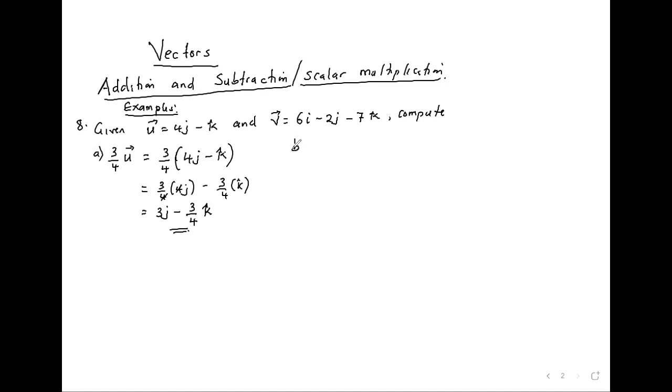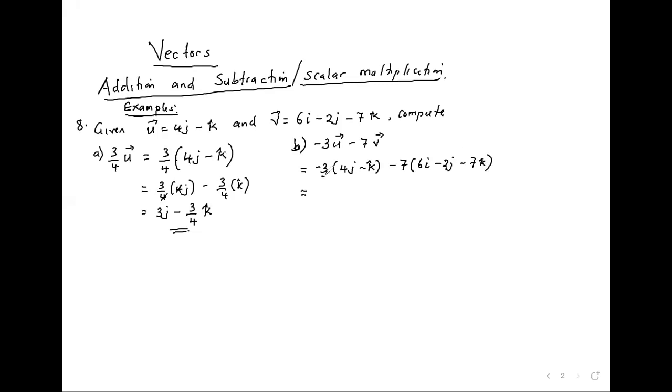And then b: minus 3u minus 7v. So again, you bring u, 4j minus k, minus 7 times v, 6i minus 2j minus 7k.